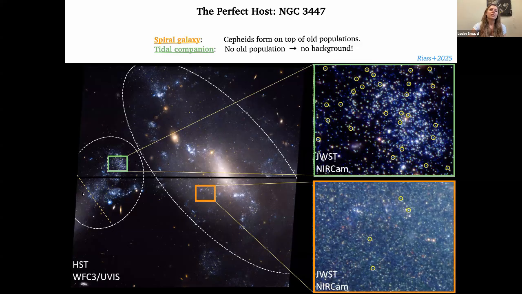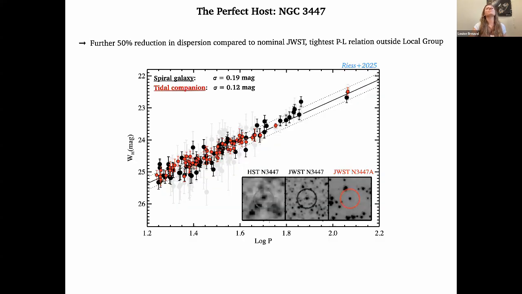And then there's a tidal companion on the left. And this one does not have any old population. So you can see it here. There's basically no background. So technically there's no crowding actually. And it's a perfect environment to test the effect of crowding because they have basically the same distance. So you can make the period-luminosity relation in each of these hosts, which is what we did.